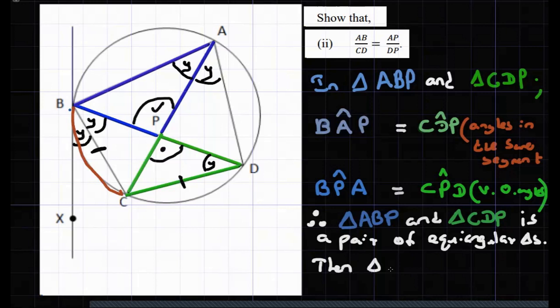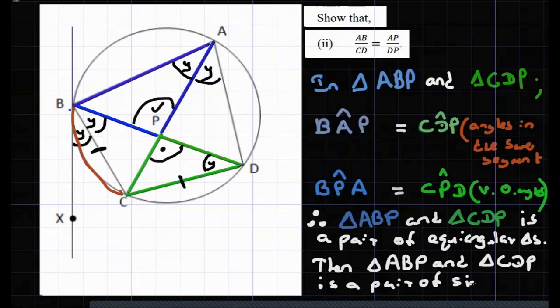Then triangle ABP and triangle CDP is a pair of similar triangles. If two triangles are equiangular, they're definitely similar too. So similar triangles. All right. So now we have proven these two triangles are similar. The blue one and green one is a pair of similar triangles.